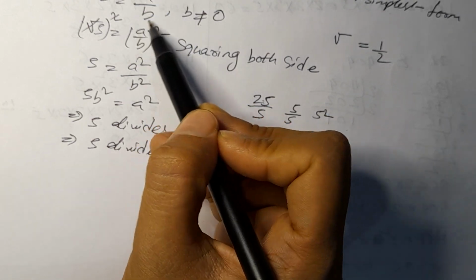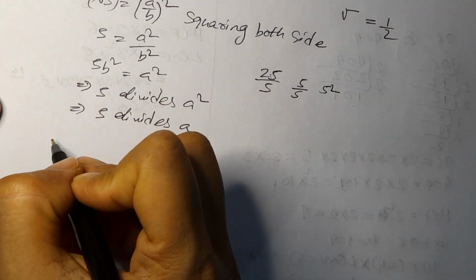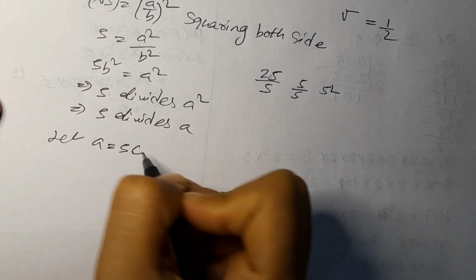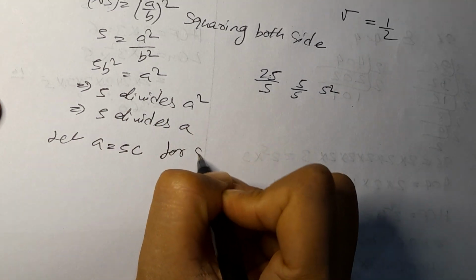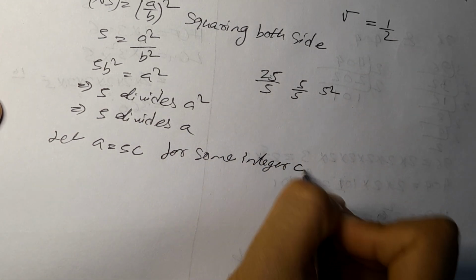Now we will check whether b is divisible by 5. For that, let a is equal to 5c for some integer c.